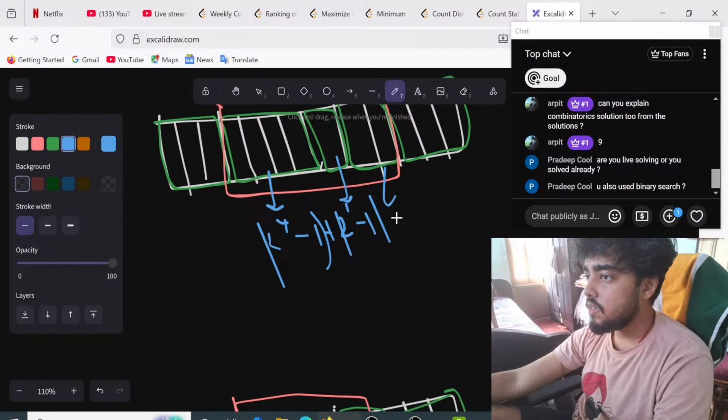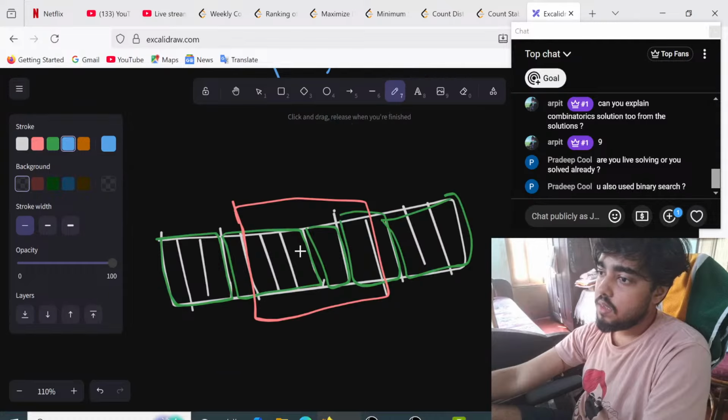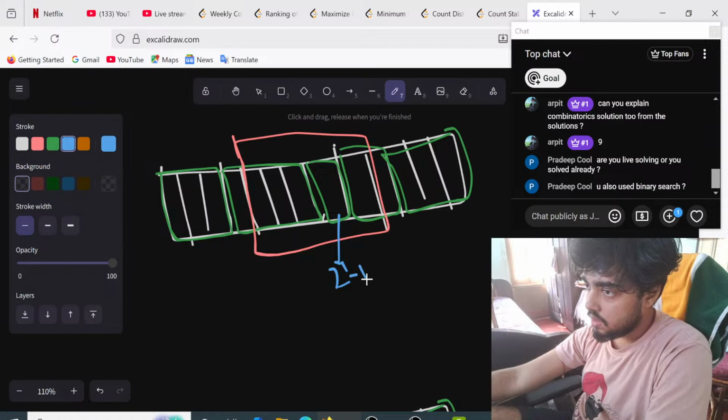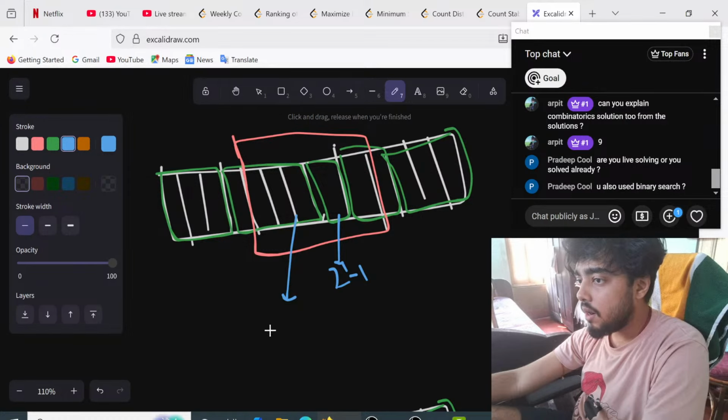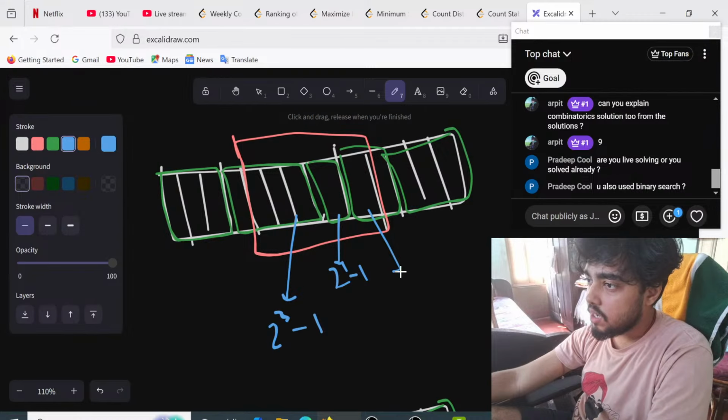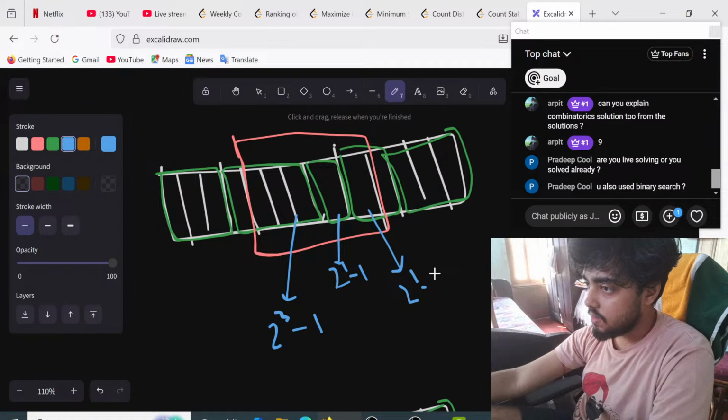And this is 2 to the power 2 minus 1. Correct? This is going to contribute as 2 to the power 1 minus 1. But now, instead of contributing as 4, it is going to contribute as 2 to the power 3 minus 1. And this is going to be considered as 2 to the power 1 minus 1.